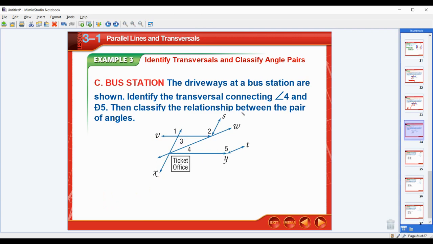24. This is slide 24. We are connecting angle 4 and angle 5. So angle 4 and angle 5.